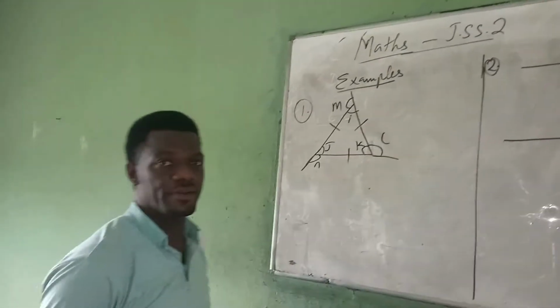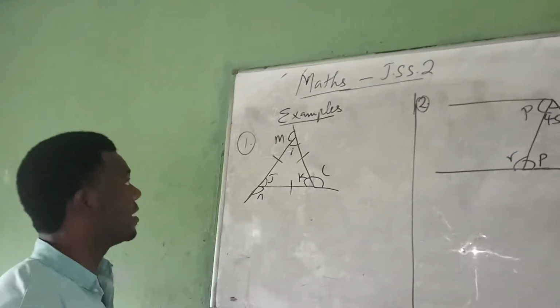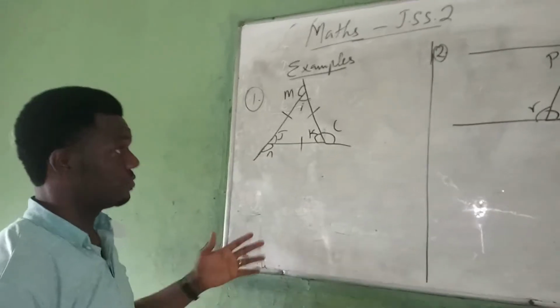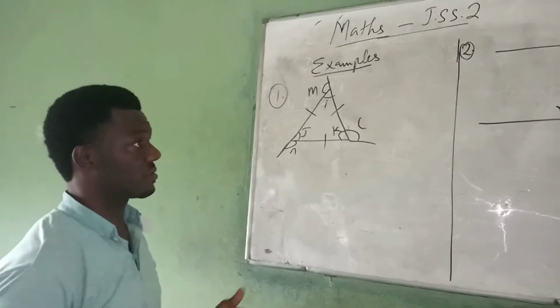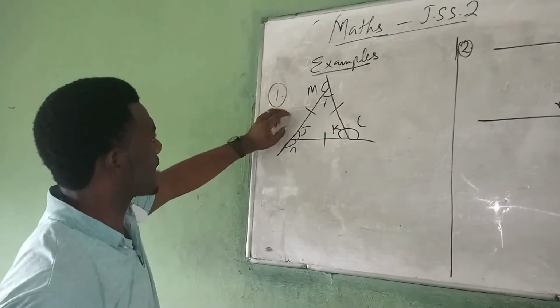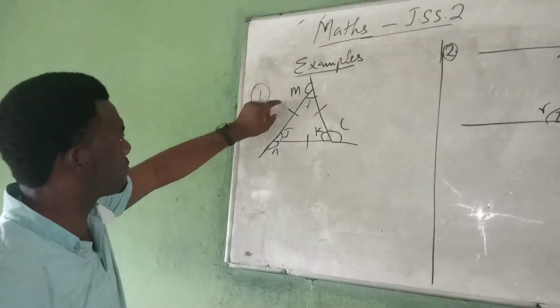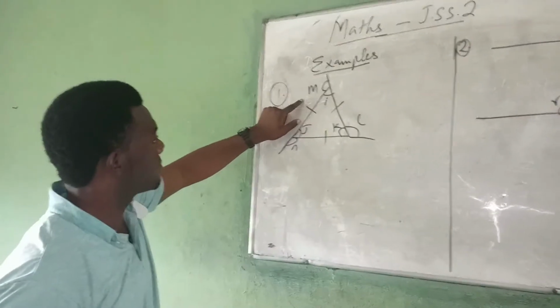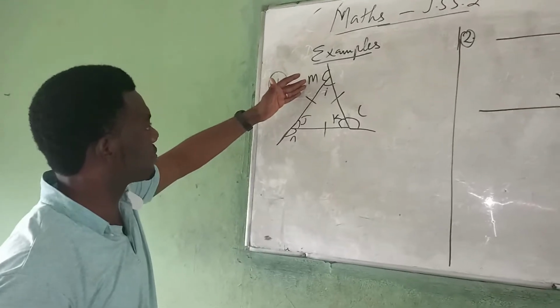So we look at the following examples, to buttress the points and to apply the rules we have made. Looking at this, you have to find the missing letters, the values of the letters.